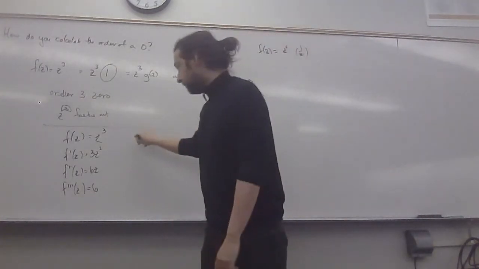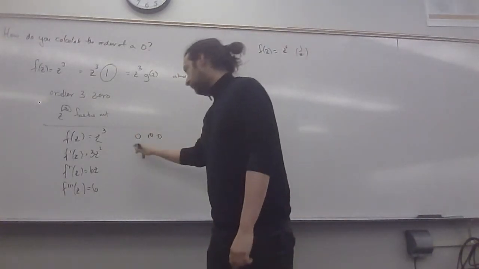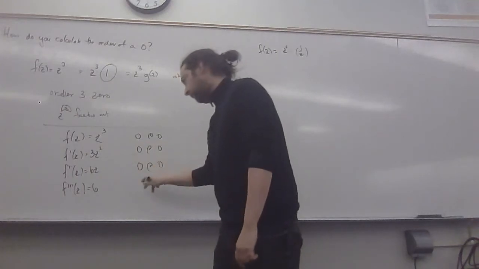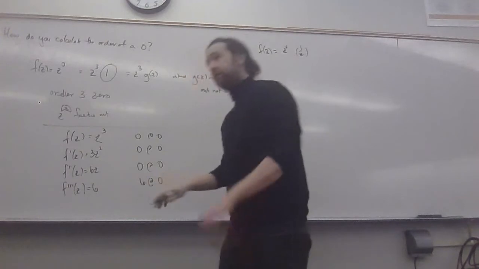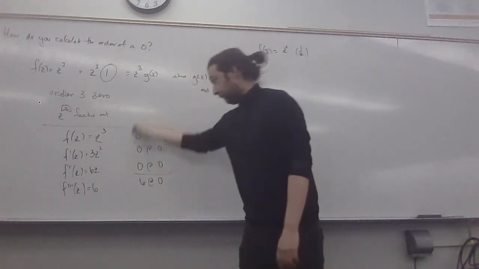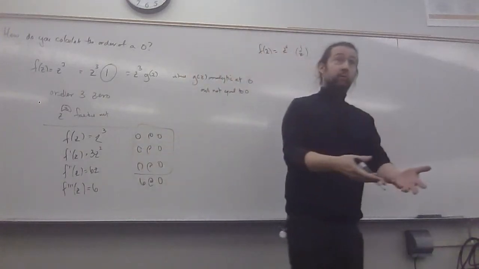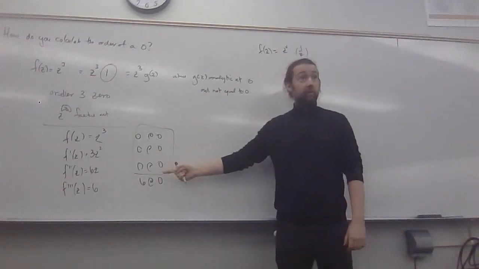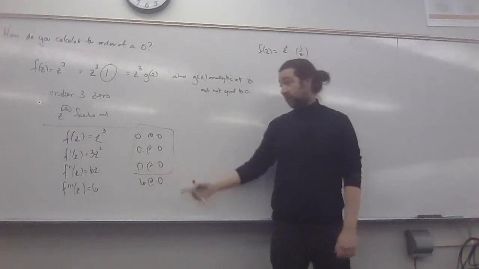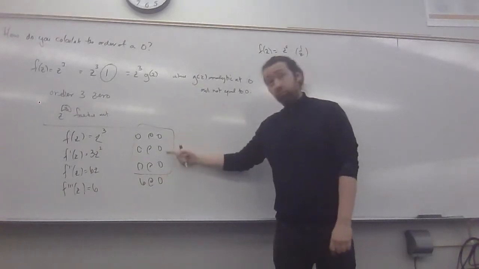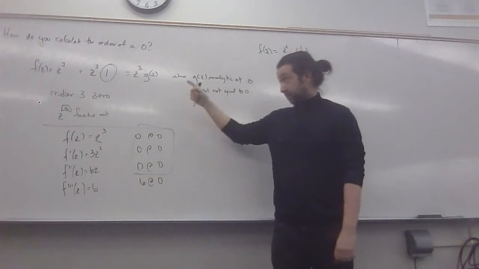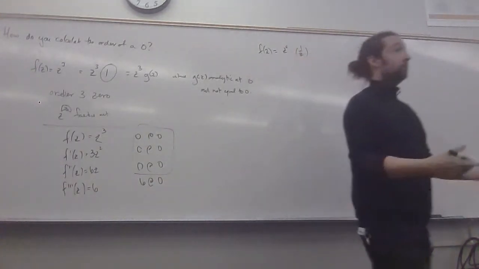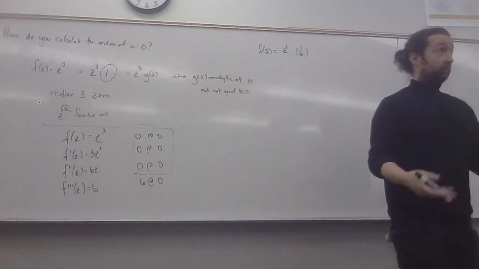Well, the function is 0 at 0, and the first derivative is 0 at 0, and the second derivative is 0 at 0, and the third derivative is 6 at 0, which is not 0. But notice, that meant that the function and its first 2 derivatives were 0 when you plugged in. So the derivatives of a function actually keep track of the order of the zero as well. Because I could take the function and 2 derivatives, and when I evaluate at 0, the value remains 0, that's another way of calculating the order, a faster way of calculating the order.